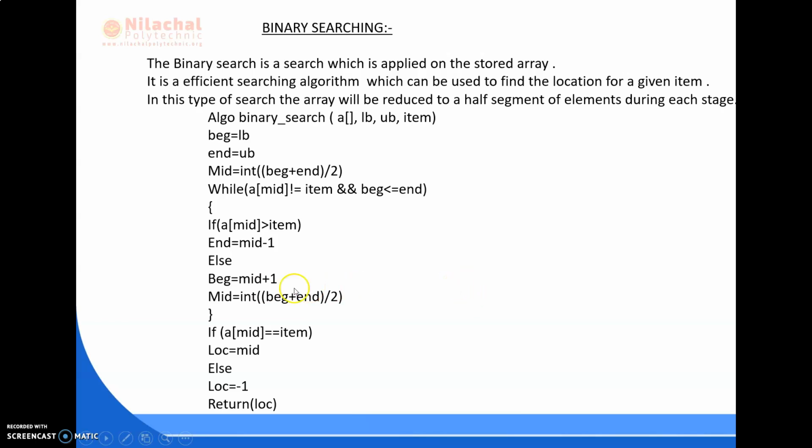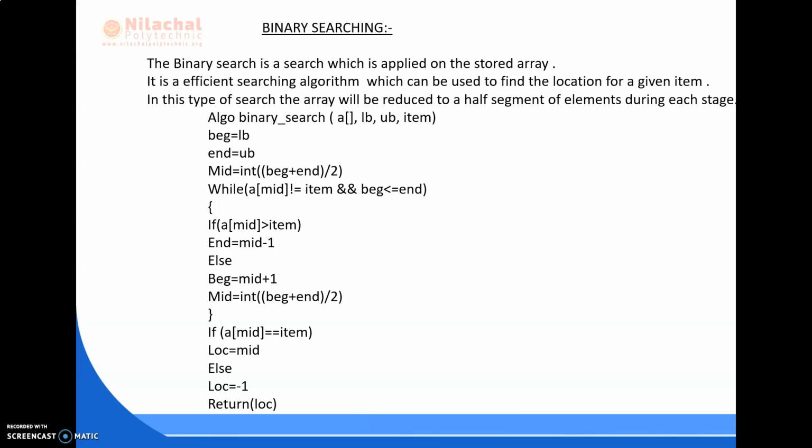So here goes the algorithm. The binary search algorithm is applied on the array A. We have a lower bound, we have upper bound, and the item we are searching for. First, the beginning is set as the lower bound and the end value is set as upper bound. Then we will be finding the mid value of the list or the array.